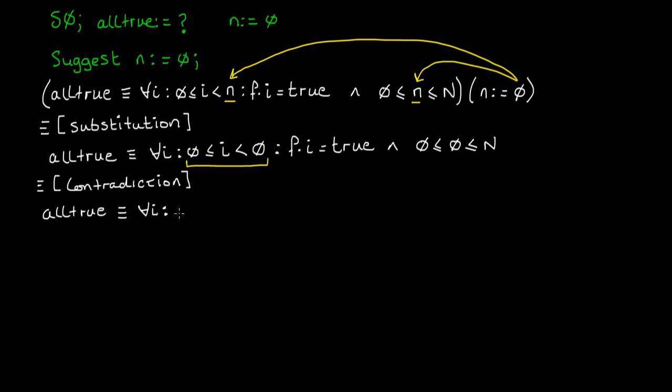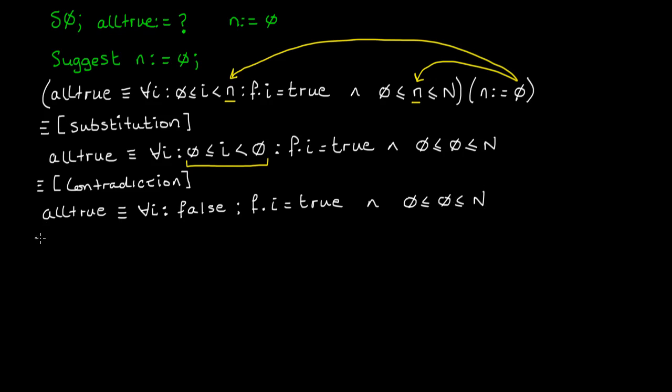It's actually going to be false, because it's a contradiction. So I can write in false there, and I have f.i equal to true, and the rest of it hasn't changed, so I can just continue to write that out.